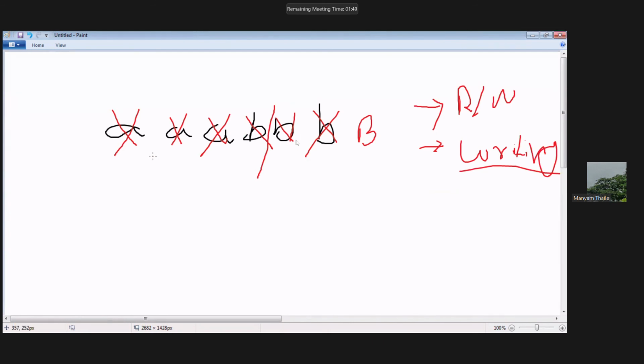That indicates we are comparing whether equal numbers of A's and B's are there or not. If you mark the first A with X, that means we are counting 1 A. So this is the comparing method.